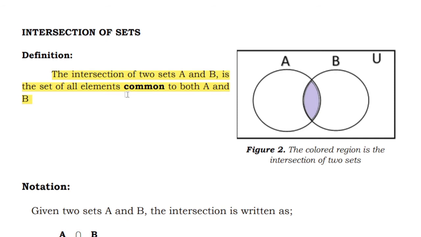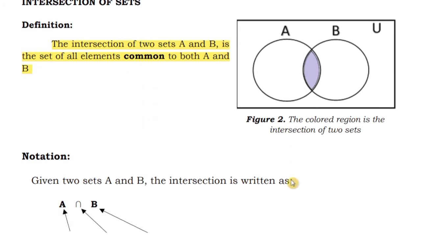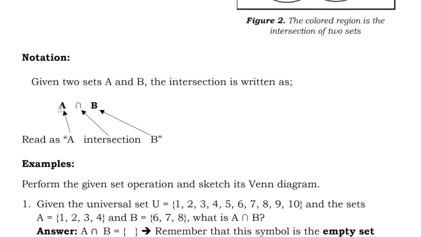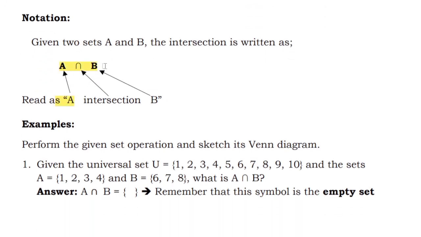As you can see here, it is denoted by this symbol, the intersection of two given sets, A intersection B. So this is the symbol that we have.